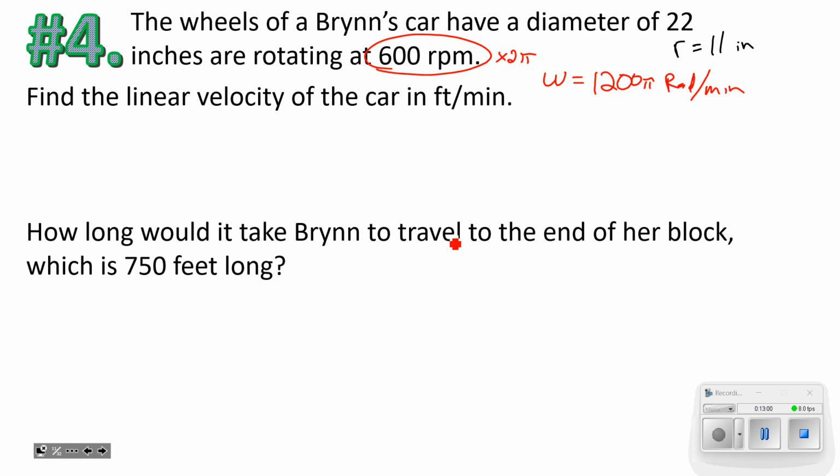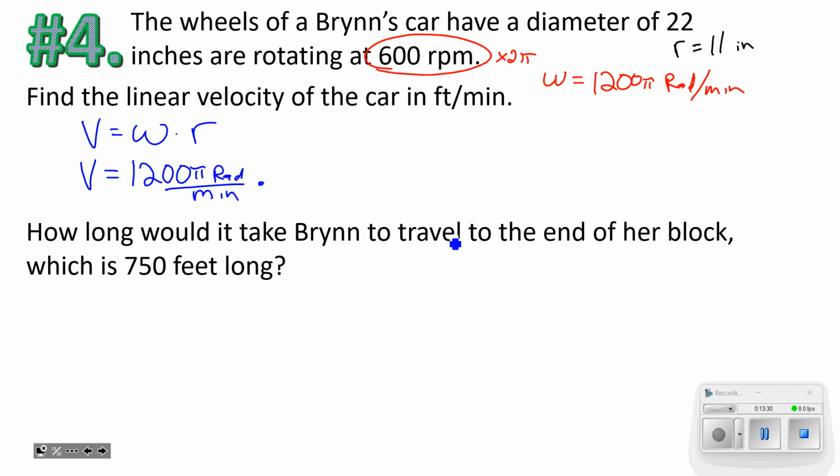With that, I can now think about my equation, think about what I can plug in. The linear velocity is the angular velocity times radius. Linear velocity is what I want to solve for, so I'm going to leave that just as v. Angular velocity is 1200 pi radians per minute times the radius.